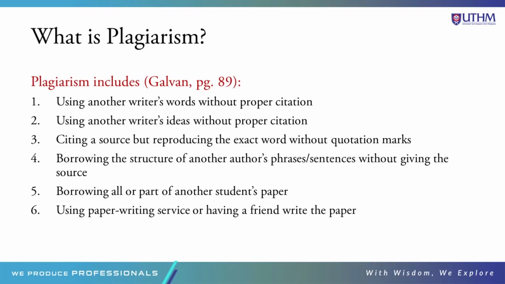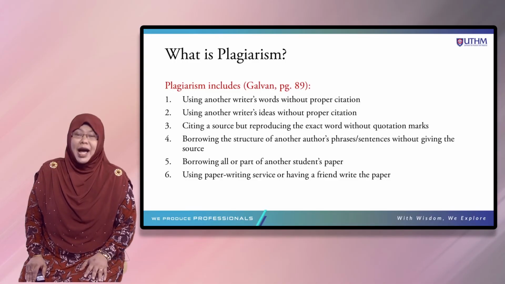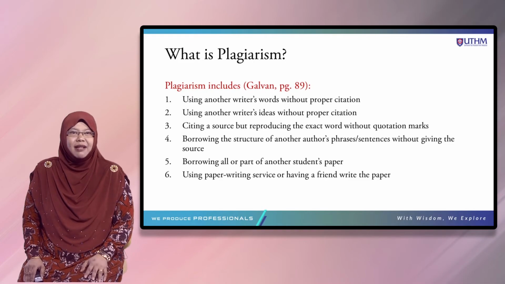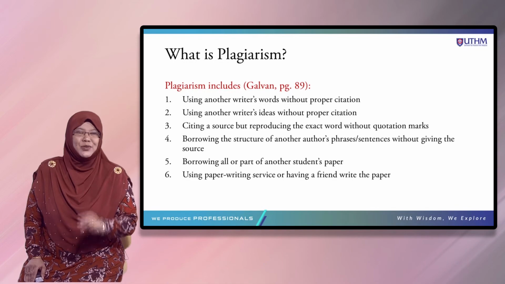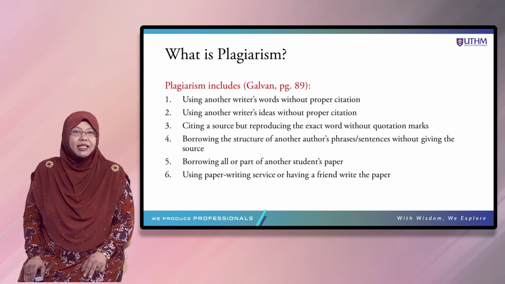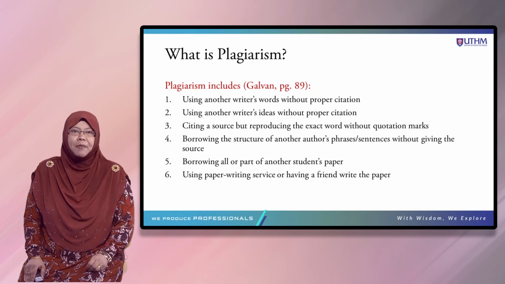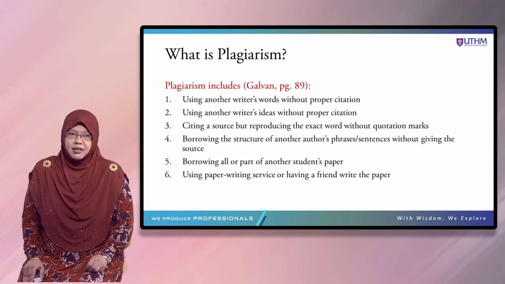Please don't do plagiarism in writing in literature review. Let me explain what is plagiarism. Number 1, using another writer's words without proper citation. Number 2, using another writer's ideas without proper citation. Number 3, citing a source but reproducing the exact words without quotation marks.